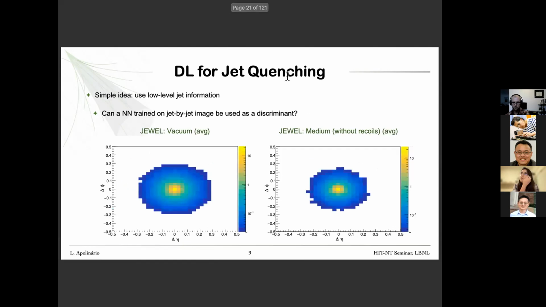And if I look for the average image of my jet, in which I put the log scale on the colorimetric images to enhance the differences, we don't see particularly any kind of difference between these two jet images.